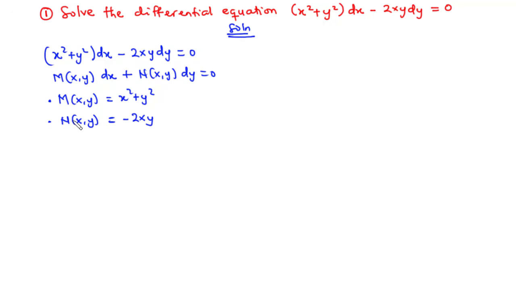So for the first one, M(x,y), for this term x has a degree of 2, and for this term y has a degree of 2. Since the two terms have a degree of 2 each, this function is a homogeneous function of degree 2. Now let's move on to the second one, N(x,y).